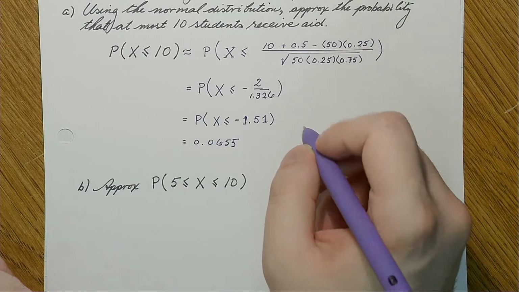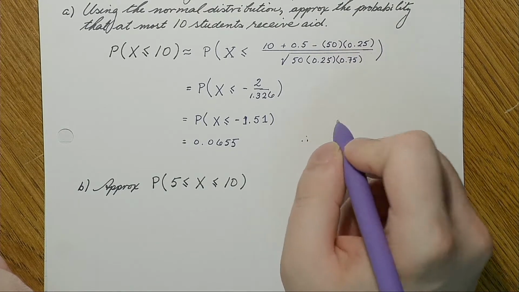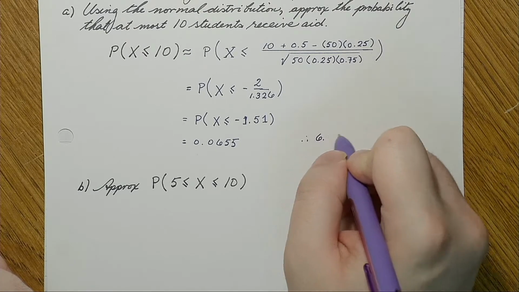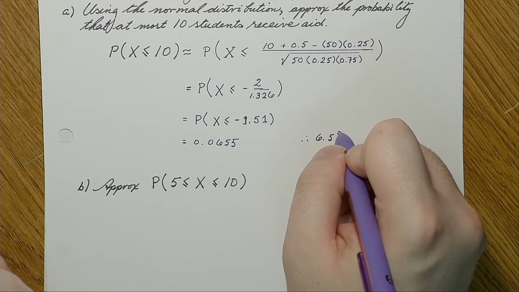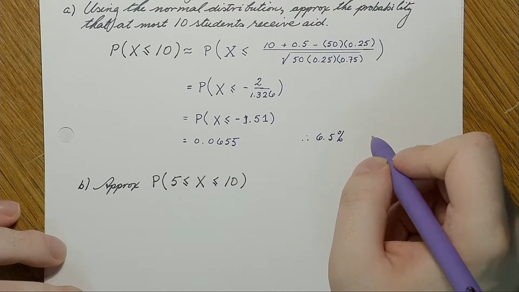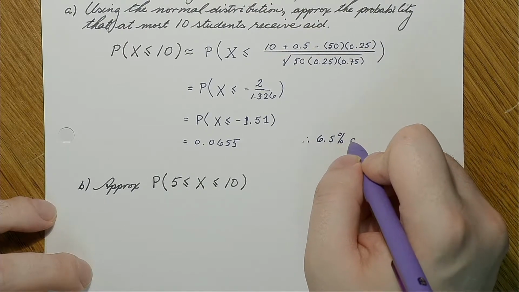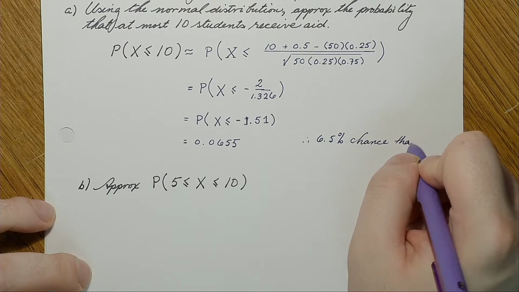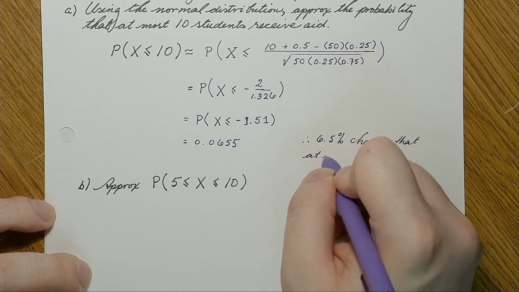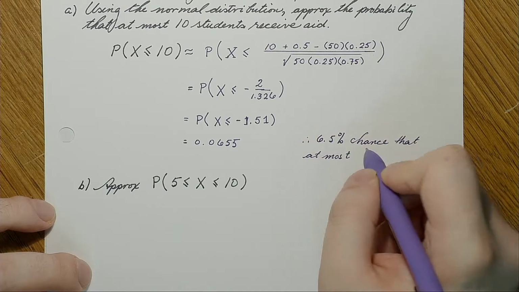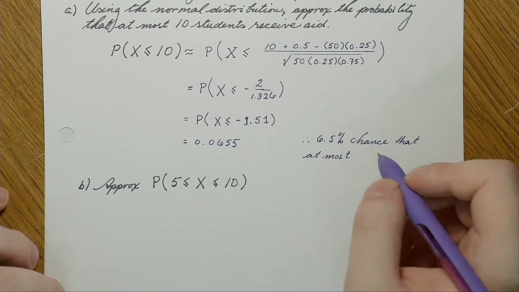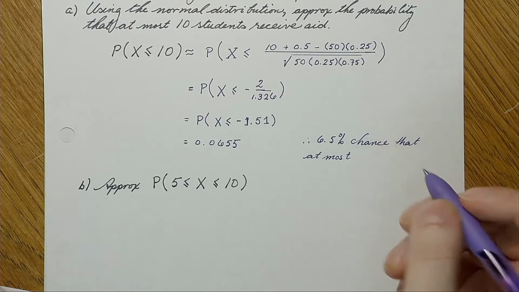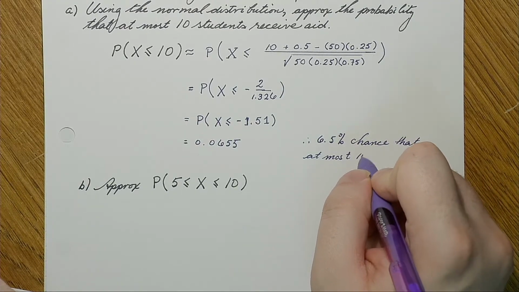Okay. So therefore the probability is 6.5% that at most 10 students receive financial aid.